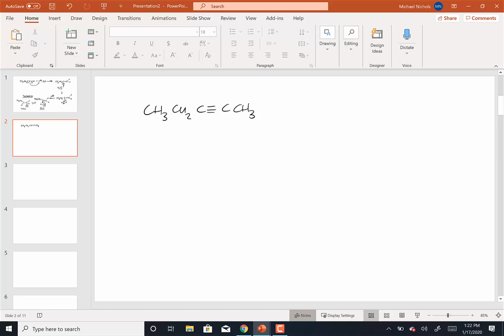So I'm going to have two combinations here. If I said, what's the product or products of this reaction? We'd say H plus H2O, what am I adding? H and OH. And the triple bond is becoming a double bond. So if I'm writing those two products, I would end up with adding the OH to the middle carbon.